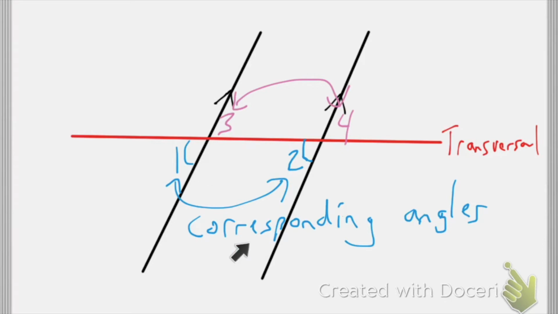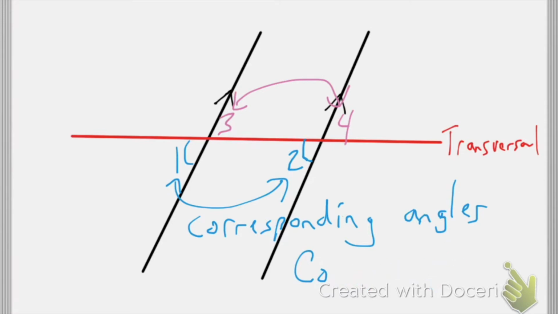All right, corresponding angles. And they, like our alternate interior and our alternate exterior and our vertical, are congruent. Almost wrote corresponding again. Congruent. Sometimes it's tough to talk and write at the same time. It really is. Okay. So that's that situation.